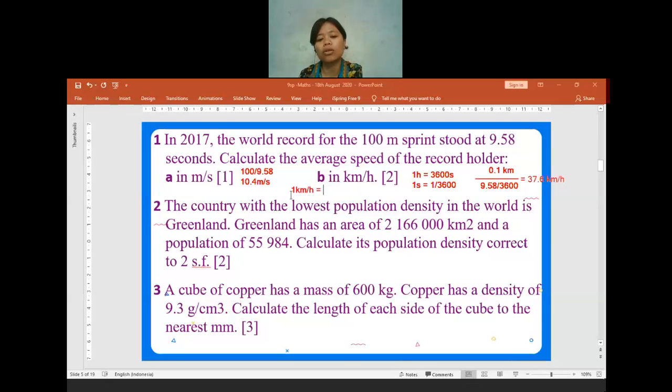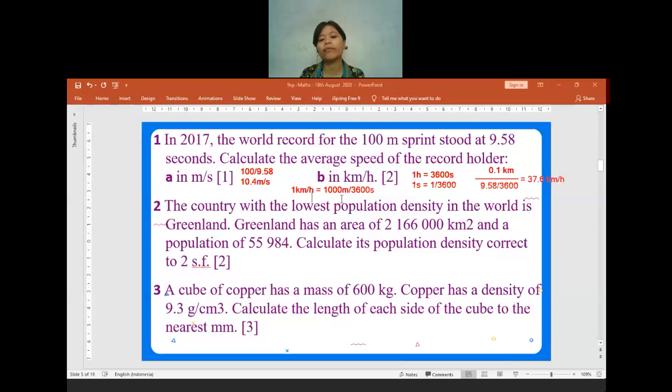I'm going to show you a shorter way. In 1 kilometer, there are 1000 meters, so I can write it as 1000 meters per hour, and 1 hour is 3600 seconds. So to convert from kilometers per hour into meters per second, I can directly multiply by 1000 per 3600.